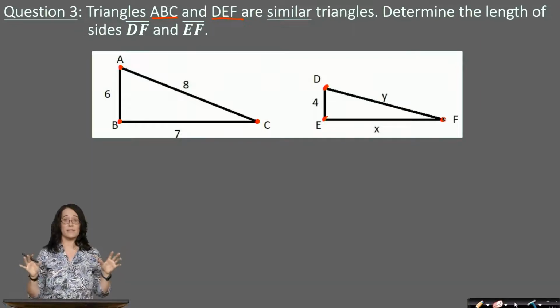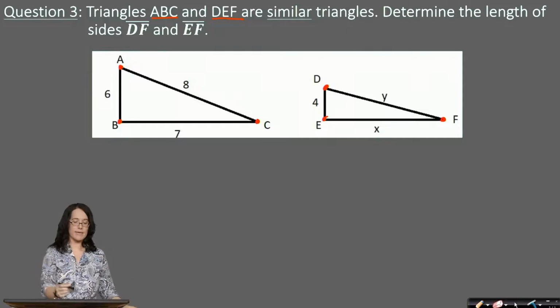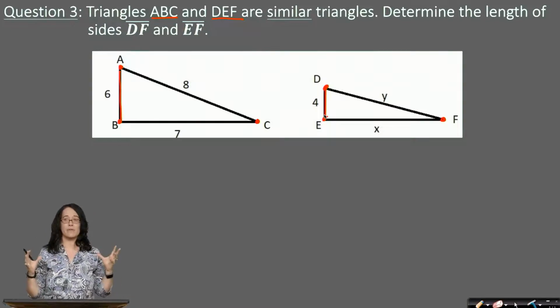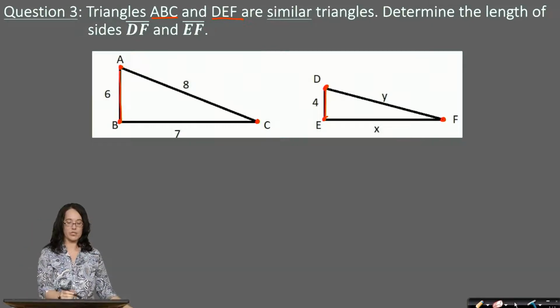They're relatively in the same placement, but what's most important is that their segments are making sense. AB should be similar to DE, okay? What do I mean by similar in this sense? They're going to be multiples of each other. Maybe one is twice as big, maybe one is 3 times as big, maybe one is half as big. We're going to figure that out, but they should be in similar placement, similar relationship.